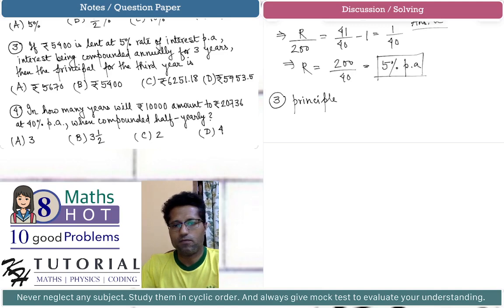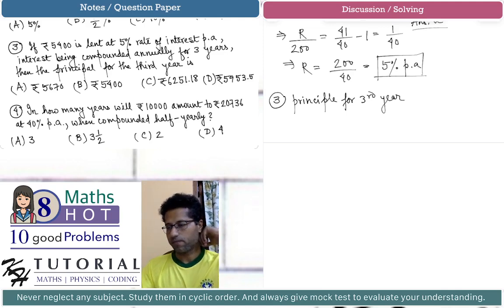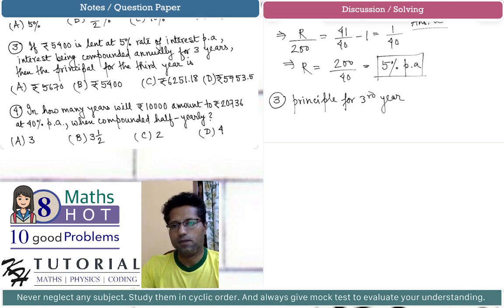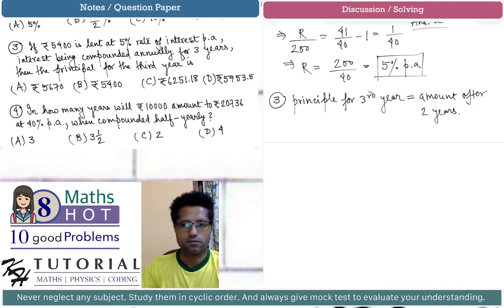So the principal for the third year, since the interest is compounded annually, should be equal to the amount after 2 years. So now we have to find the amount after 2 years.